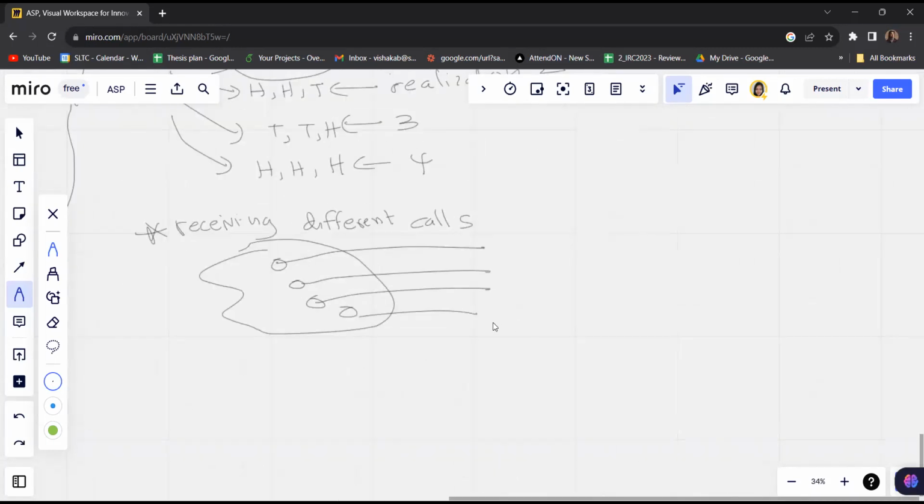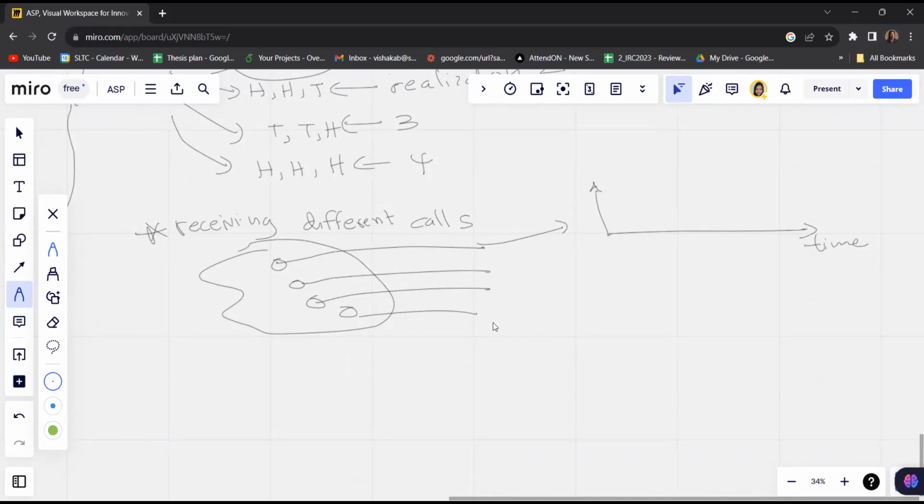Those signals can be mapped as a sequence of values that will be received over time.